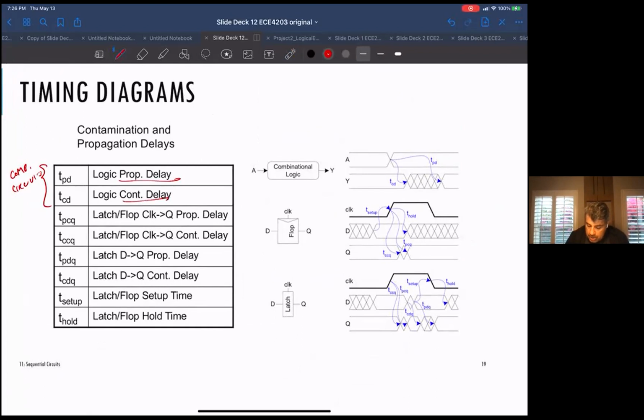So what does that mean? Let's say you have a certain input and a certain output, and the input does something that changes the output. The propagation delay is the longest delay where the output could change, and the contamination delay is the earliest delay where something could change.